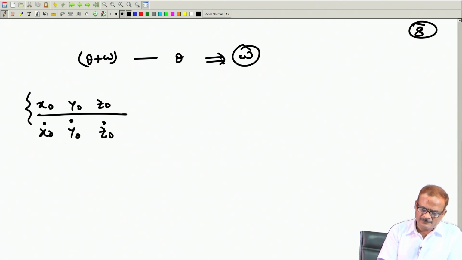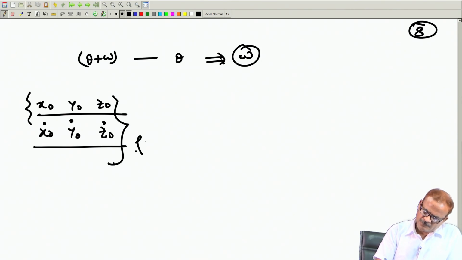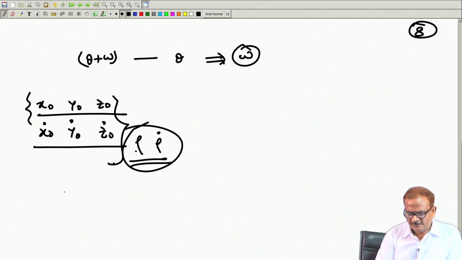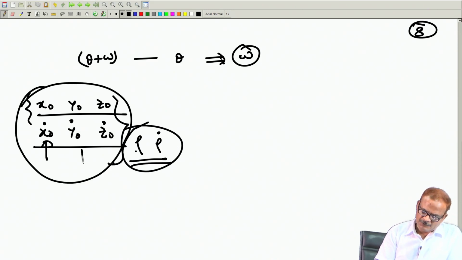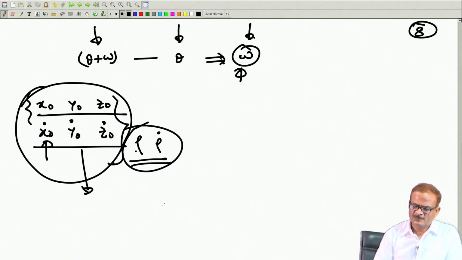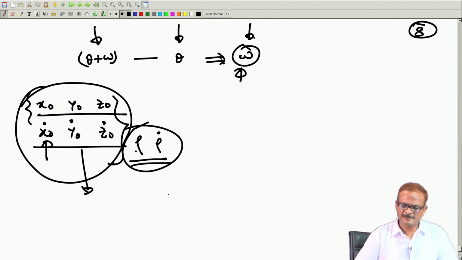You can take that for granted, because these are obtained from rho dot information after processing from multiple ground stations, so they will have a certain amount of error. The error creeps into this value, and also into this value, and sometimes they get combined and the error in omega gets magnified.